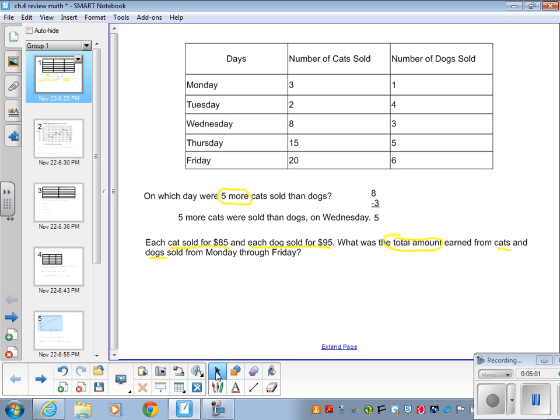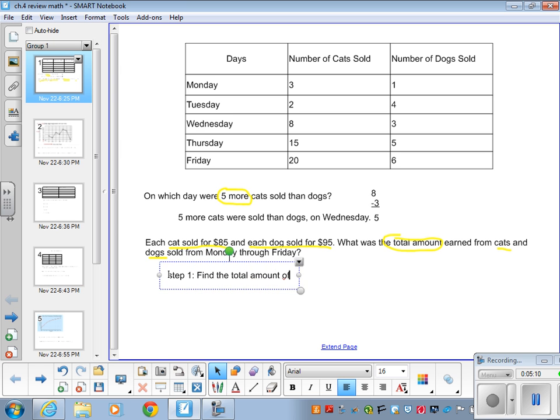All right. First, we need to find, so step 1, find the total amount of cats sold. We can do this by doing what operation? Add, subtract, multiply, or divide? If we want to find the total amount of cats sold.